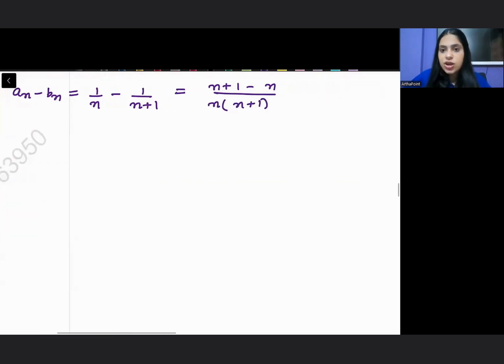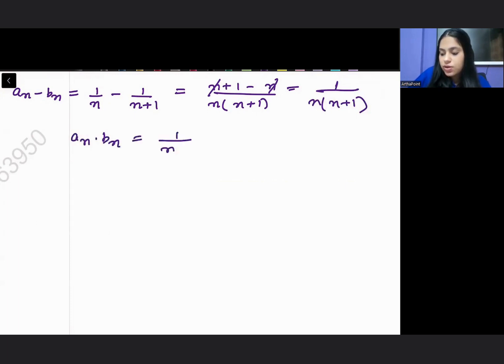So if I solve this, I will get 1 upon n into n plus 1. And if I do an into bn, then this will also give me 1 upon n into 1 upon n plus 1. So therefore, what I notice is that an minus bn is actually equal to an into bn.